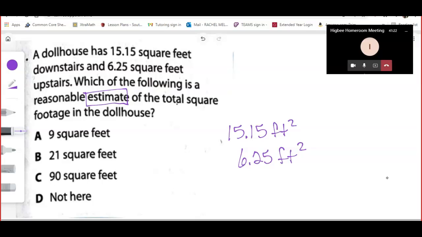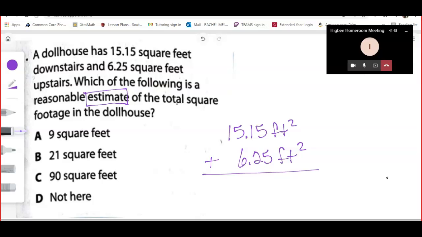Add, yeah. Now, this is something that bugs me every year. Students think that if I add these together and round my answer, that is the same thing as estimating. And it's actually not. Estimating is rounding first and then doing the operation.